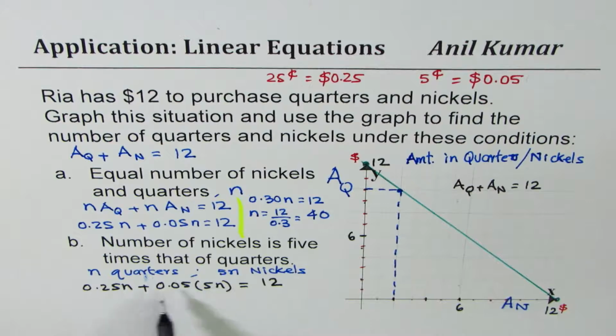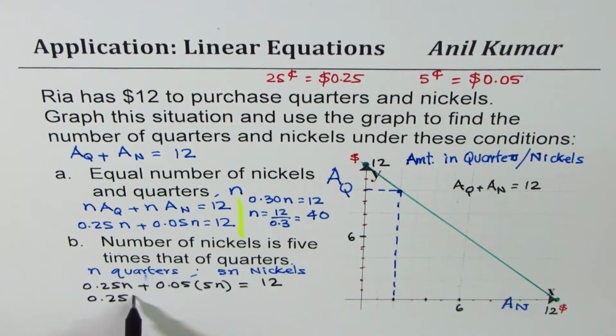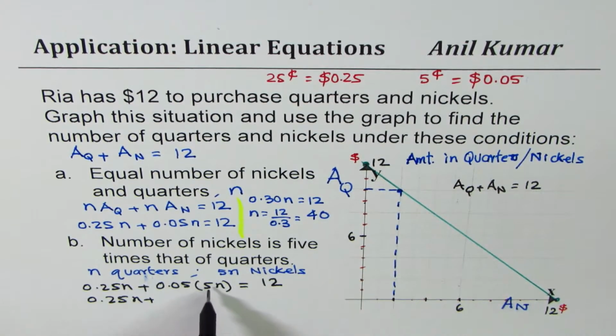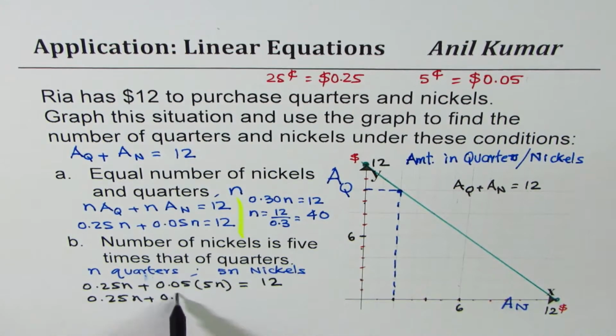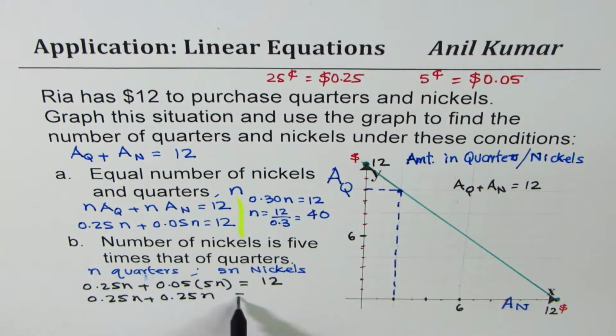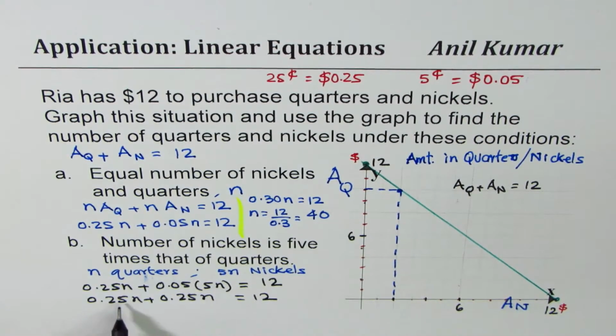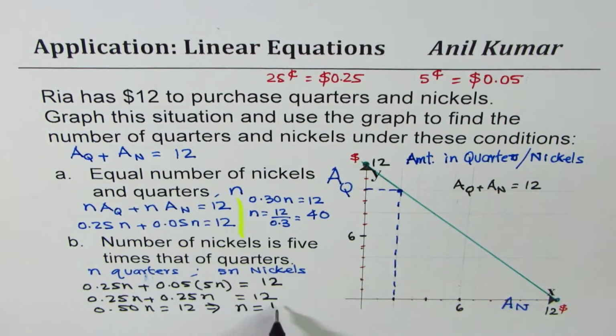Again, we have an equation with only one n, correct? So it is 0.25n plus, when you multiply 5 times 0.05, you get 0.25n, and that is 12. 0.25 plus 0.25 is actually 0.50n equals 12, and that gives you n equals 12 divided by 0.5, which is 24, right?